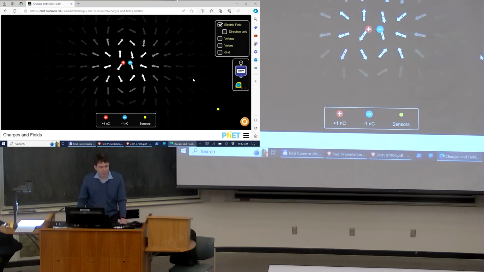A question? Sorry, so the field gets smaller the closer the particles are together? At a given large distance away from them, yes. And I can make an even more specific statement. It's proportional to the separation between them at large distances.